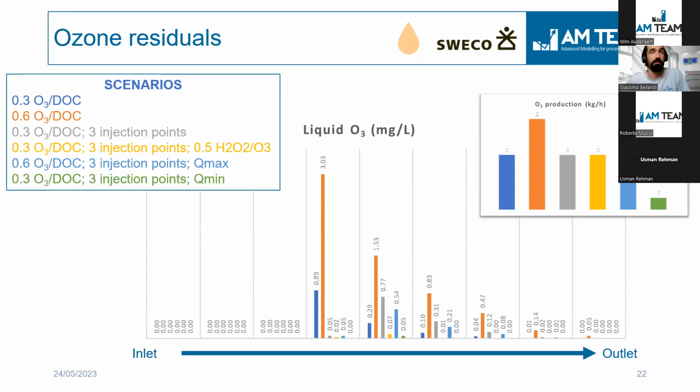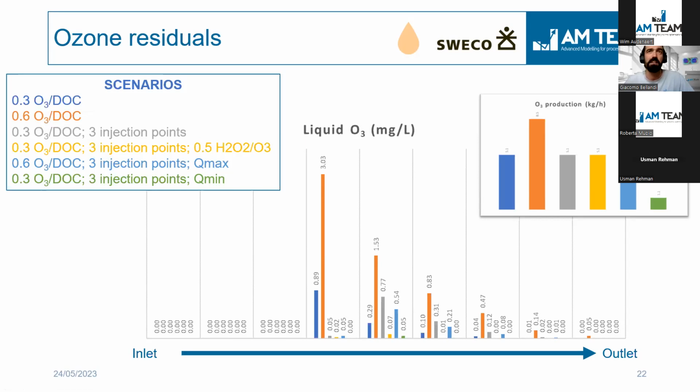Then we ran the model in the virtual pilot installation with different doses of ozone, injecting the ozone in multiple points of the installation, because distributing the dose has an effect on the micropollutants removal, but mostly on the bromate formation. We also tested different conditions, maximum flow, minimum flow, and specific compositions of the water, because when a rain event hits a plant, the water composition changes.